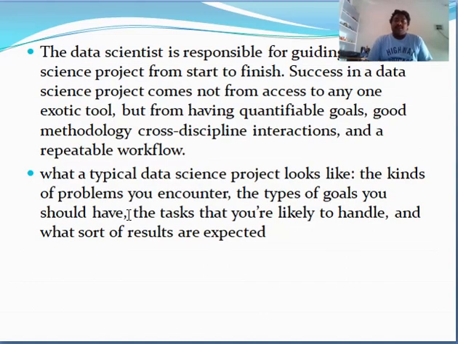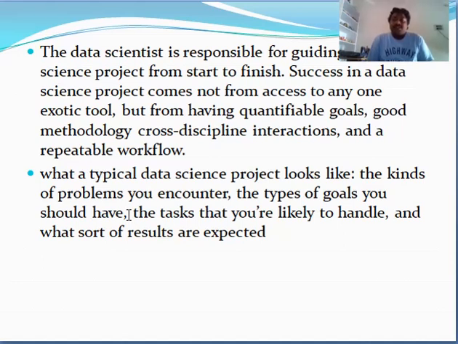First topic, the data scientist is responsible for guiding a data science project from start to finish. The most important thing here is the data scientist. The data scientist has whole responsibility for guiding a data science project from start to finish, whether it is successfully completed or not.